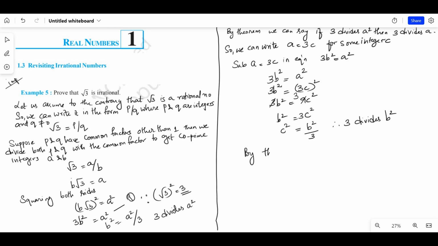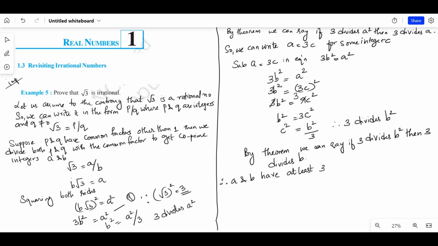So by theorem, we can say if 3 divides b square, then 3 divides b. Therefore a and b have at least 3 as a common factor.